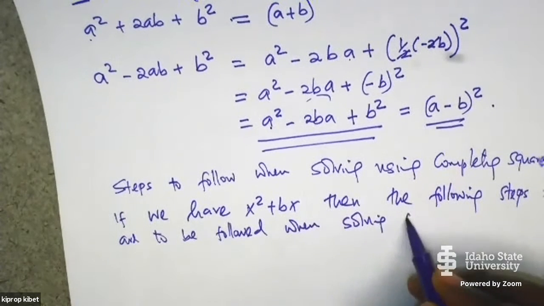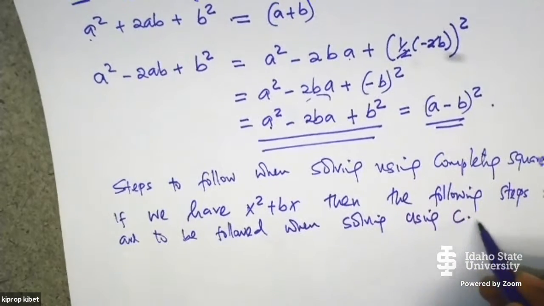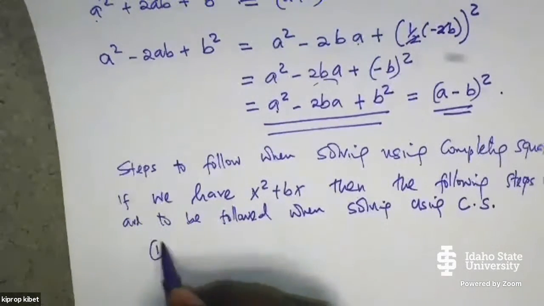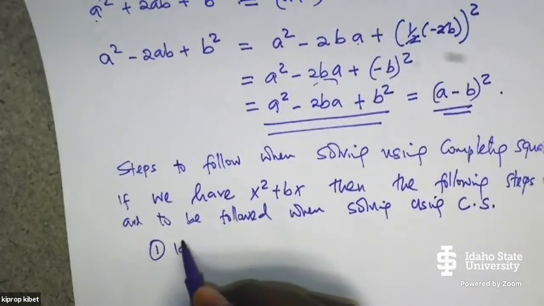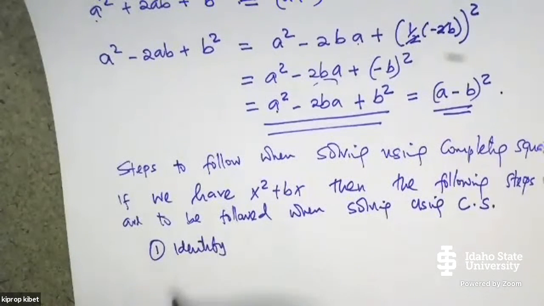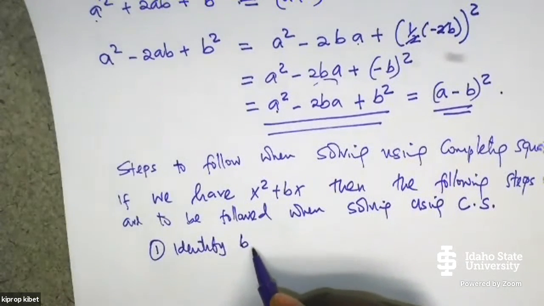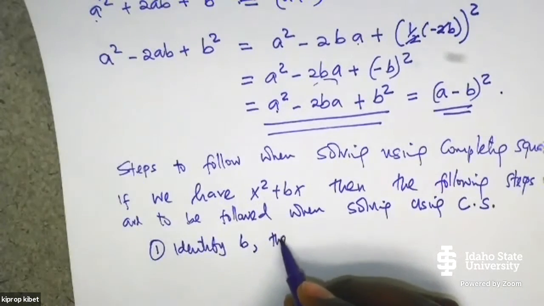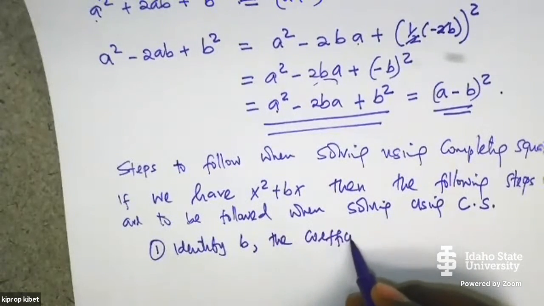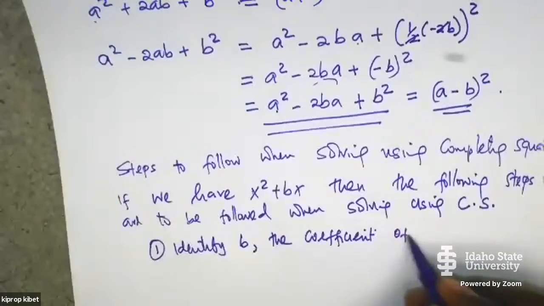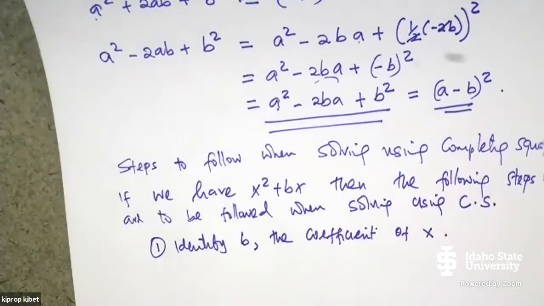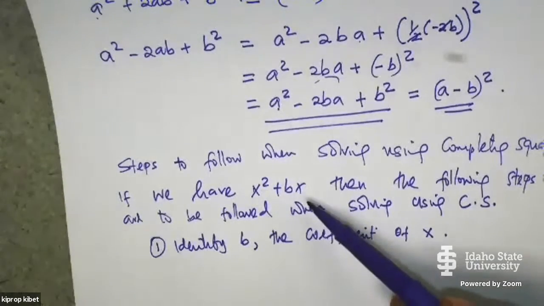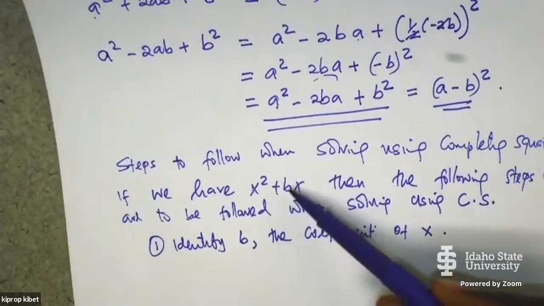Solving using completing squares. Number 1, identify b, where b is the coefficient of x. Our b here is the coefficient of x.